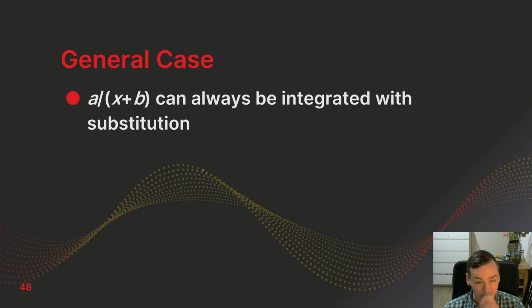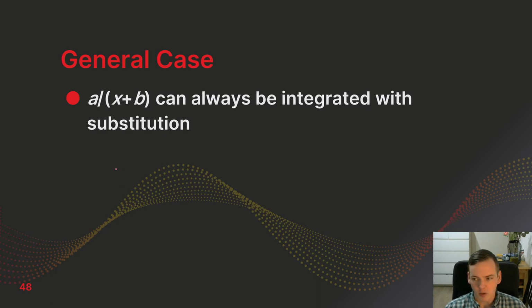If you have something like a divided by x plus b, that can always be integrated with substitution. So for example, if we start with our integral of a over x plus b dx, and we say that u equals x plus b, that means that du/dx will equal 1, which means that dx equals du.